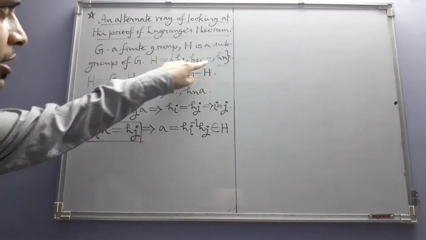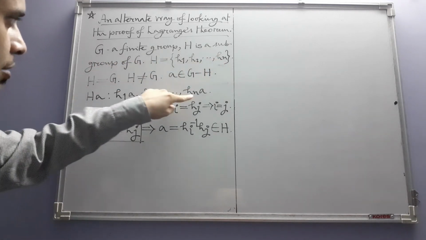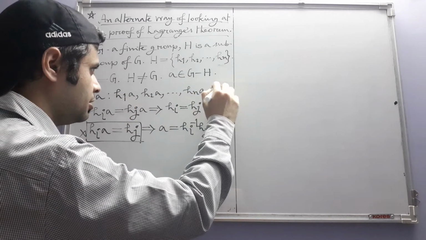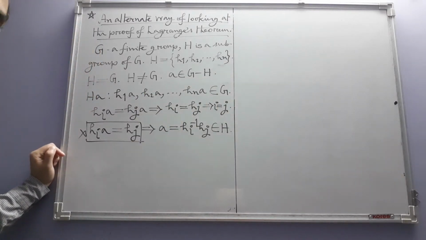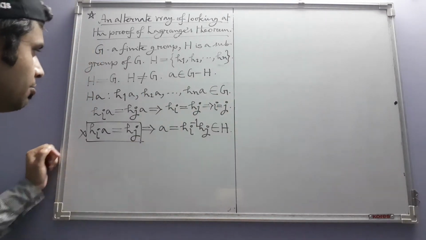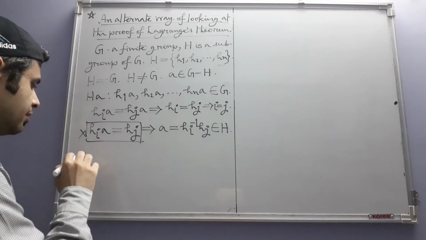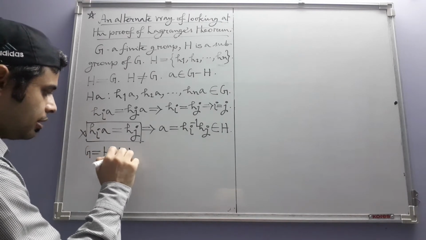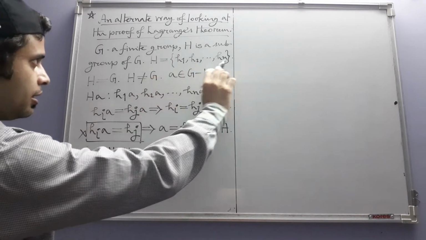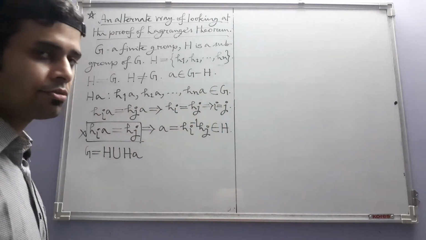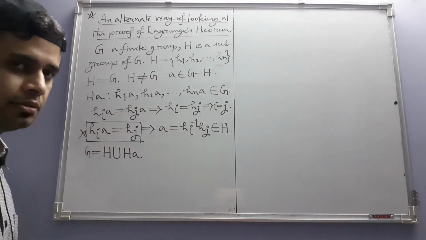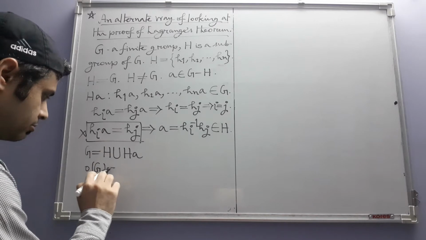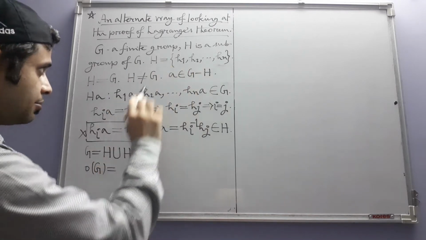So apart from these n elements, we have got n more elements in the group. Of course they all have to be in the group because everything is happening in the group and the group is closed with respect to the operations. Now if it happens that G is equal to H union HA, that is the elements of H along with the newly formed elements exhaust all of G, then order of G is, how many elements does H have?